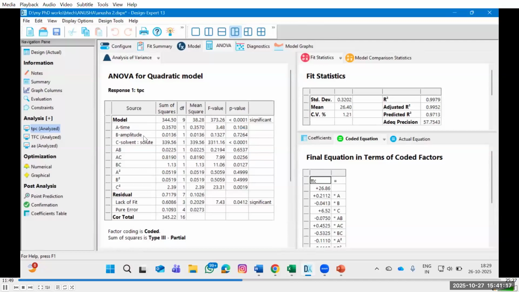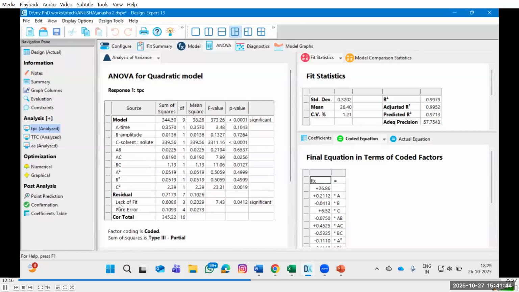Means rather than amplitude, the extraction time and solvent to solute ratio have a more significant effect on the phenolic compound. While checking the interactive terms, we'll see that the interaction between time and solvent is highly affecting the phenolic compounds.